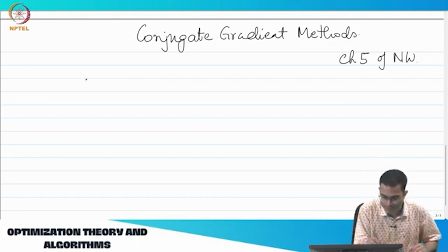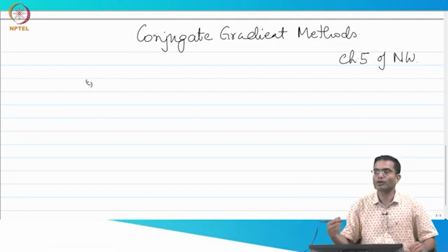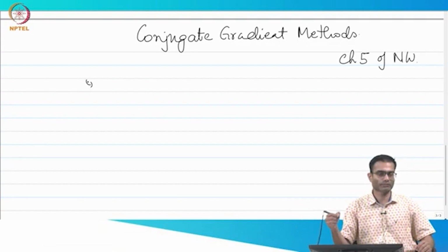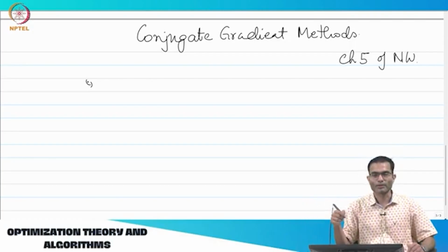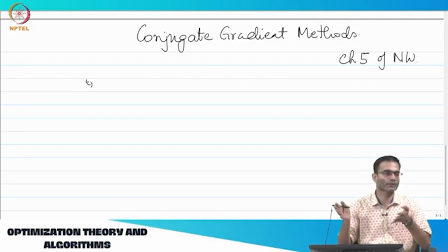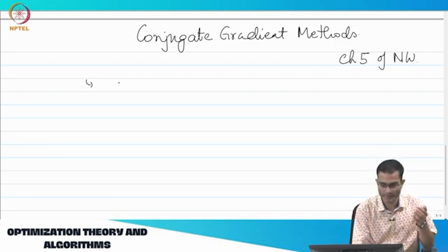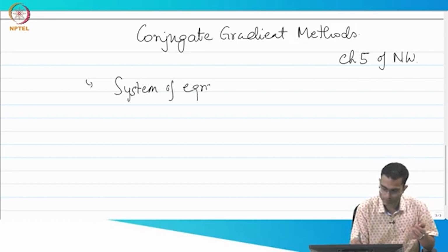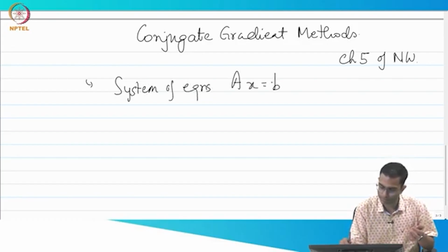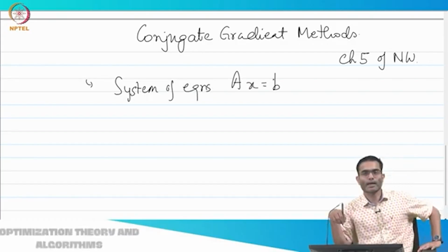But the motivation for this is as follows. In a lot of problems of engineering, whether it is mechanical, aerospace, electrical, you end up with a linear system of equations to solve. You will basically get a system of equations of the form Ax is equal to B, and you want to solve this.